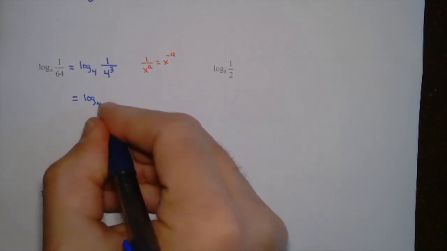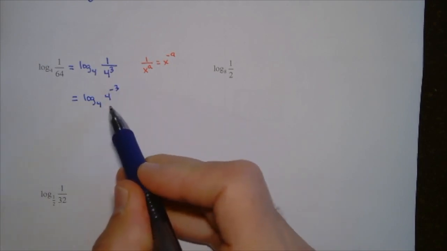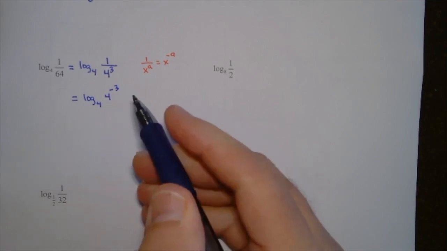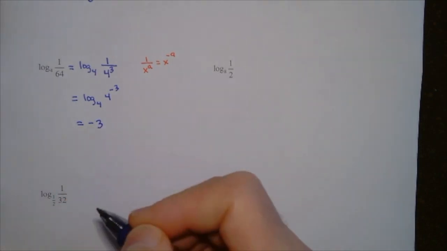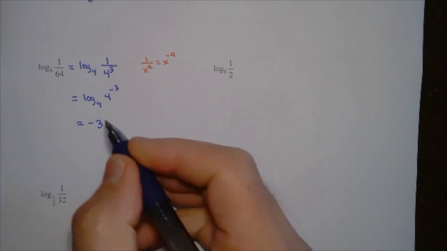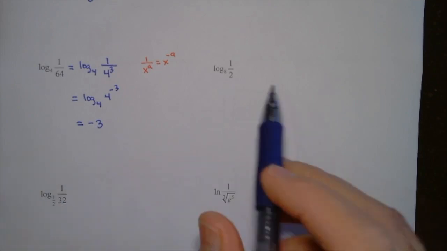So this is going to become log base 4 of 4 to the negative 3. And then these are going to undo each other because you have a base of 4 and log base 4, the inverse properties. And what you're going to be left with is negative 3. And that's the answer to that one. So log base 4 of 1 over 64 is equivalent to negative 3.